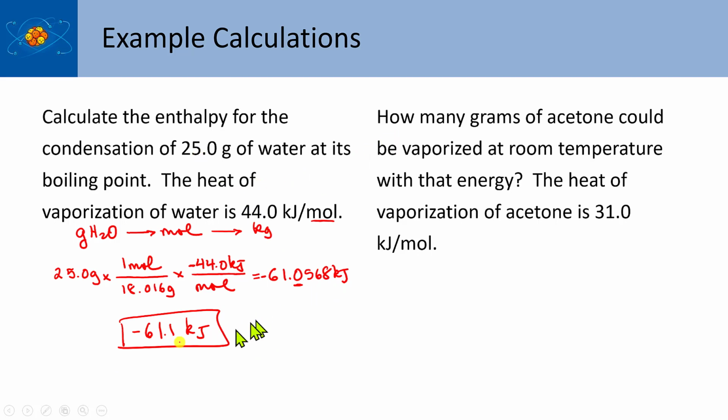Now, how much energy is the second part? How many grams of acetone could be vaporized at room temperature with that energy? The heat of vaporization of acetone is 31.0 kilojoules per mole. Right, so a couple of things to keep in mind. Conservation of energy. This is released by the water vapor.